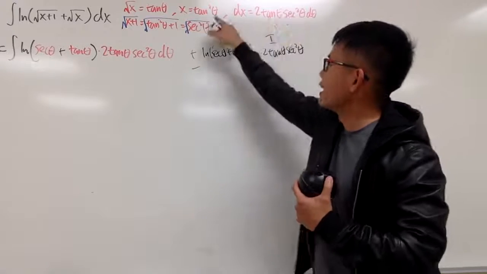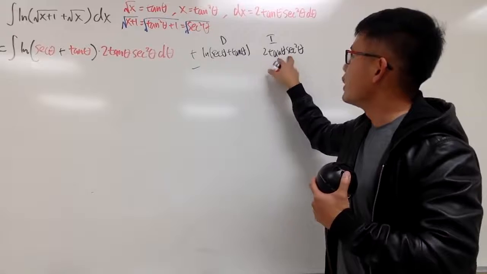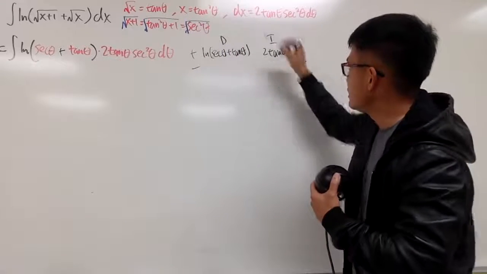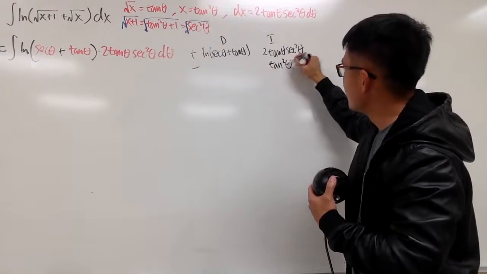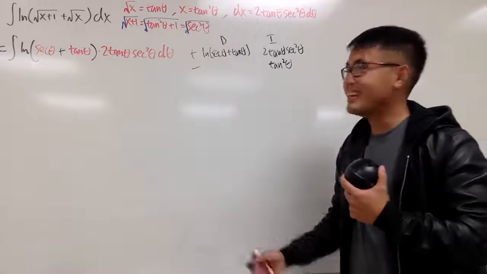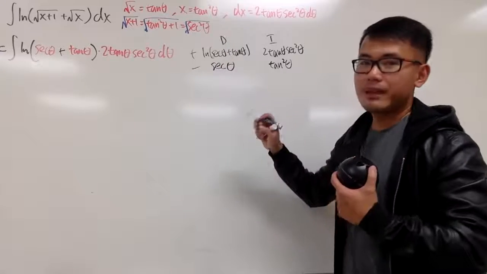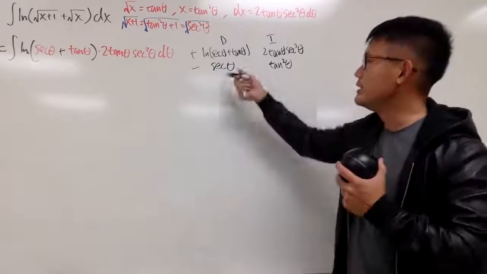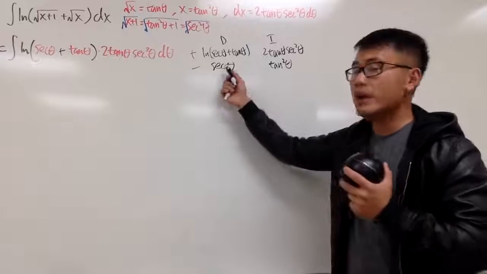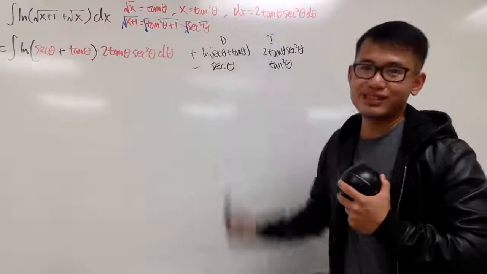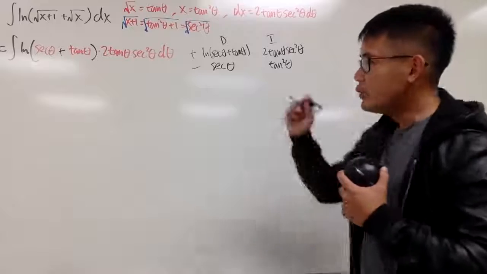Because this is the derivative of that. So when you integrate this, you pretty much just get that, so the integral of this is just tangent square theta. So nice. When you differentiate this, you get secant theta. And perhaps the easier way to notice this relationship is that when you integrate secant theta, you get that as the standard result, okay? Anyway, we'll continue.